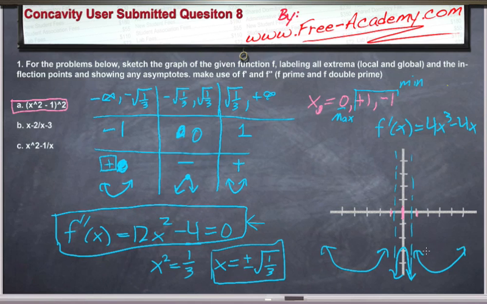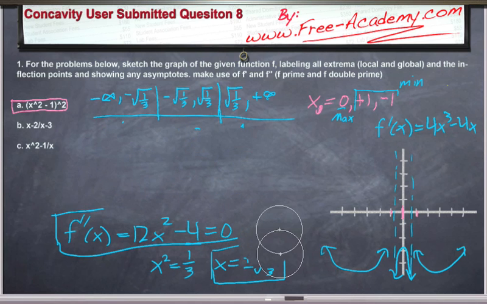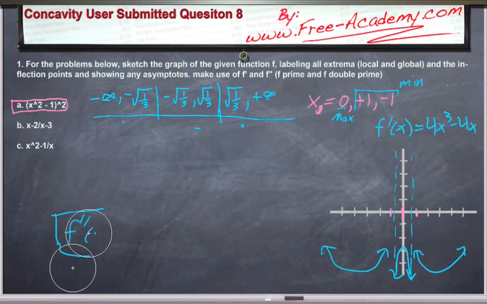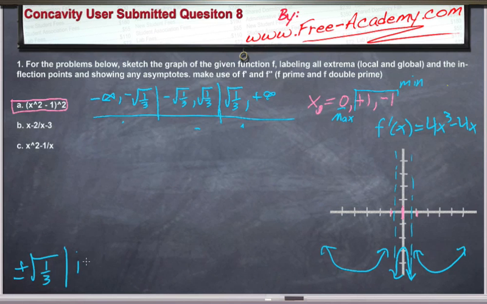Now we're going to use the first derivative test to determine whether we're increasing or decreasing at any points of that range. These are inflection points.